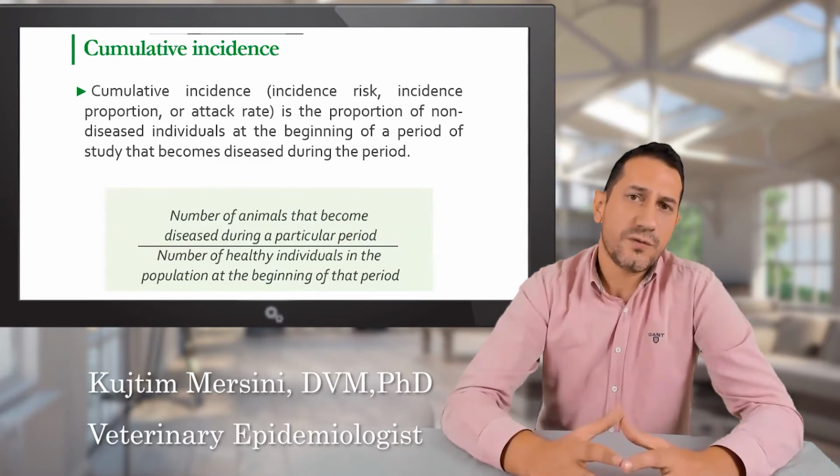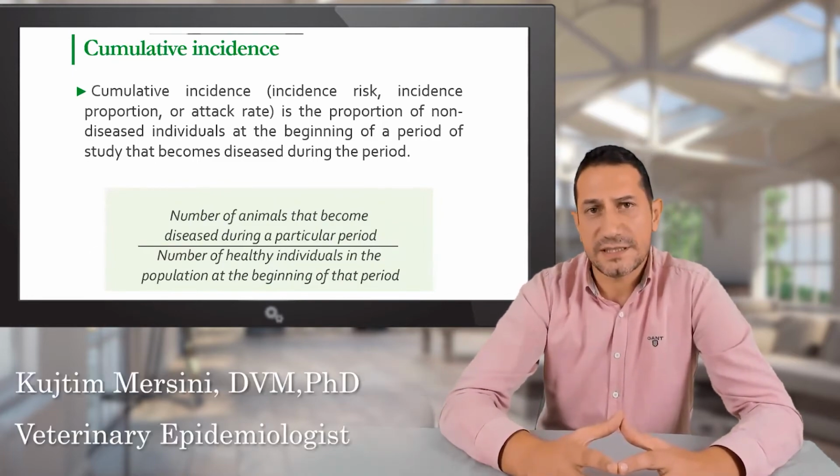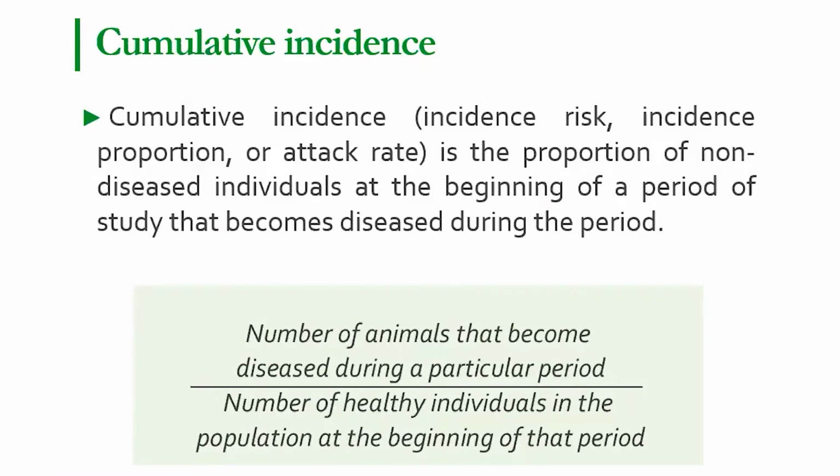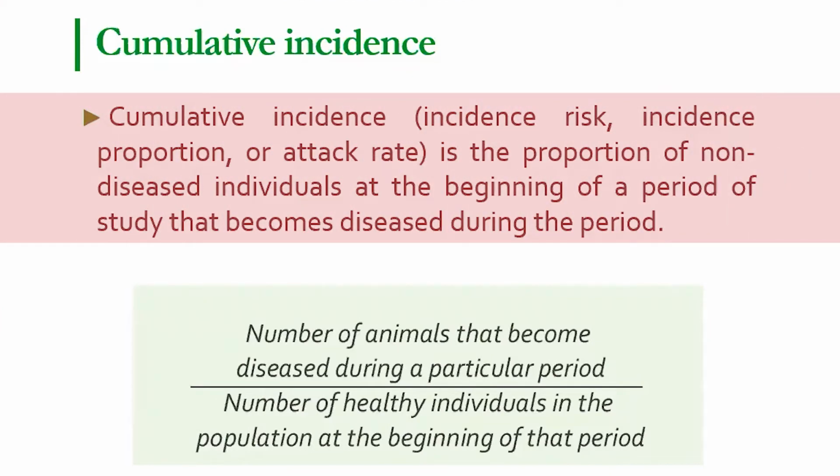Today we are going to focus mainly on cumulative incidence, and we'll talk in another lecture about the incidence rate. Cumulative incidence, which is also known as incidence risk or incidence proportion or attack rate, these are all valid names for cumulative incidence.